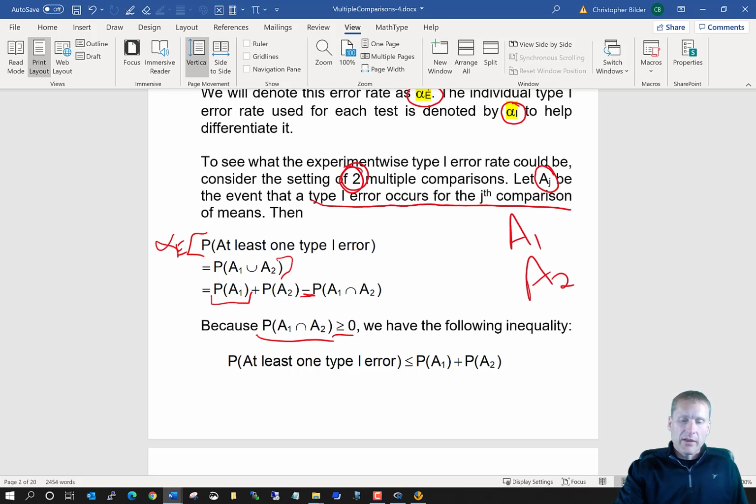So because of that, we can now write alpha sub e, which is the probability of at least one type 1 error, is less than or equal to the probability a type 1 error occurs for the first comparison plus the probability a type 1 error occurs for the second comparison. Okay.